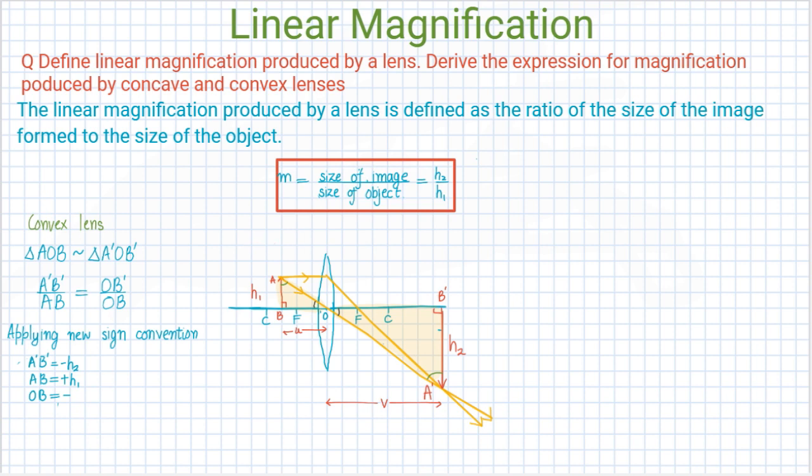It is measured in this direction, but the light flows from left to right. So if it's in the opposite direction, I will give a negative sign here. So your object distance OB equals minus u. Similarly, your image distance OB dash will be positive since it is measured in the direction of the incident light, from left to right. In that case, I will write plus v.